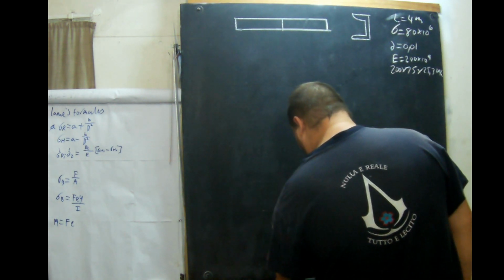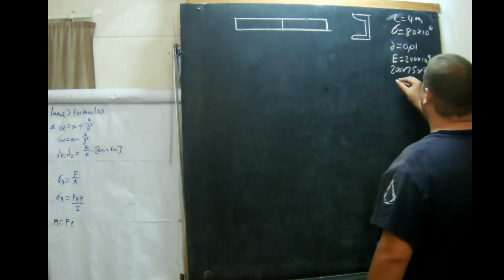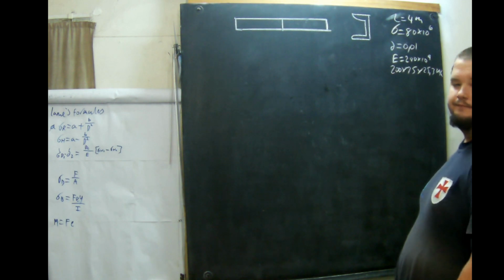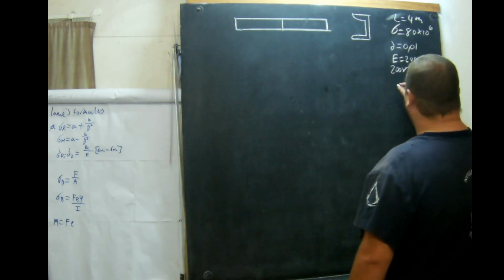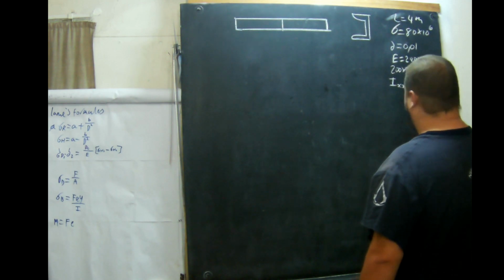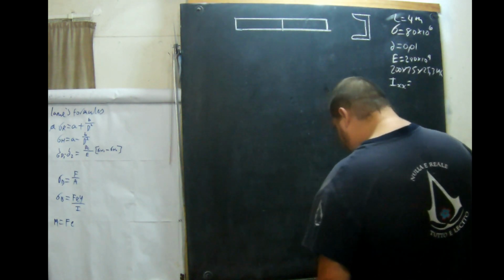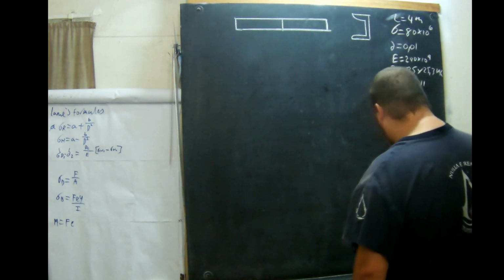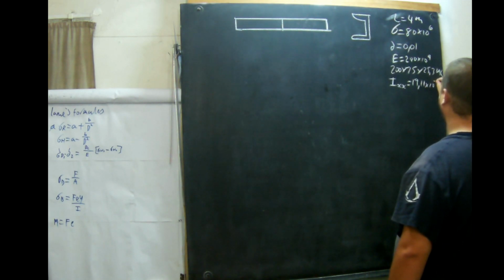So, now our tables. Now we look at our hot rolled tables. First value is I small xx, which equals 19,11 times 10 to the minus 6.